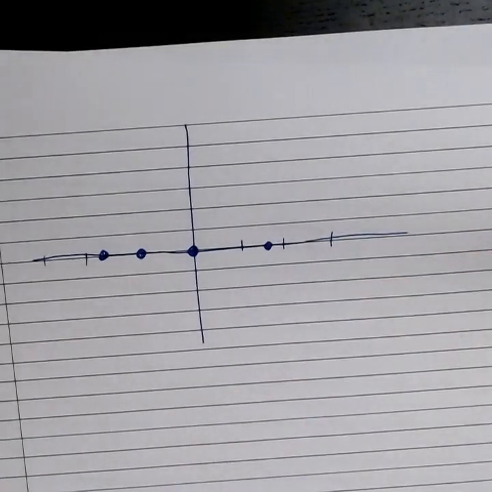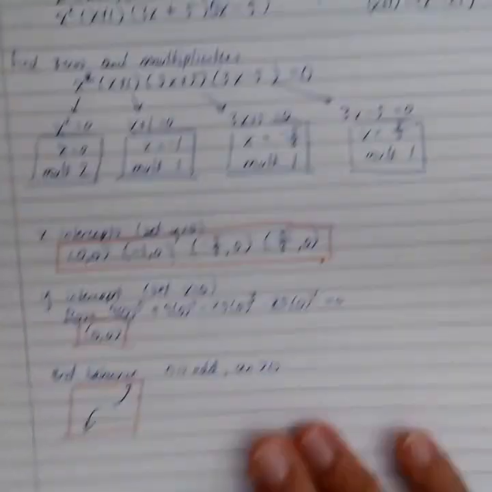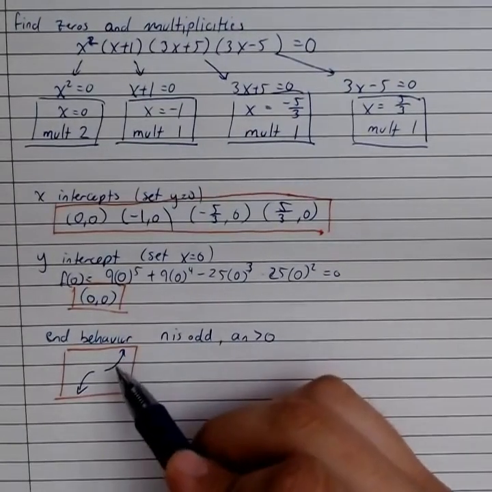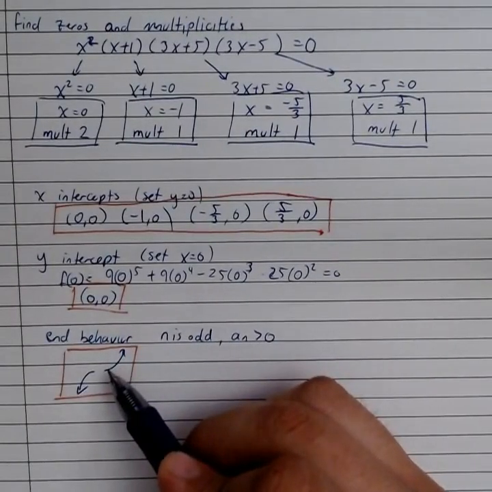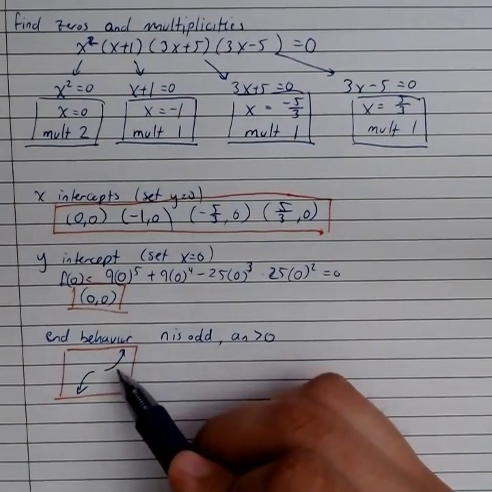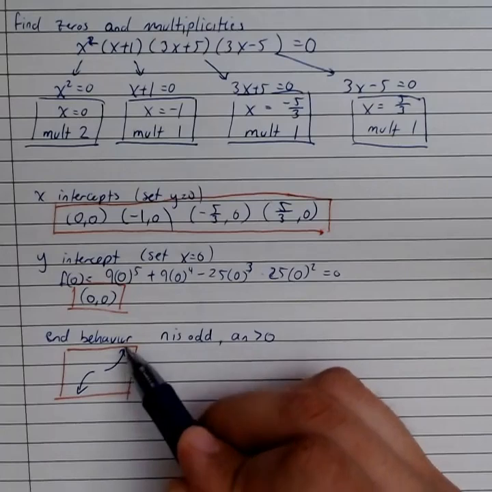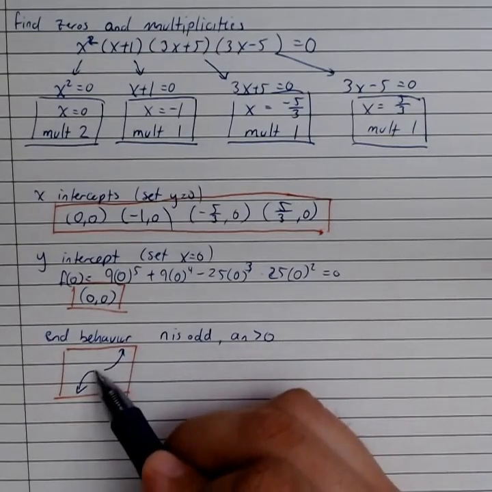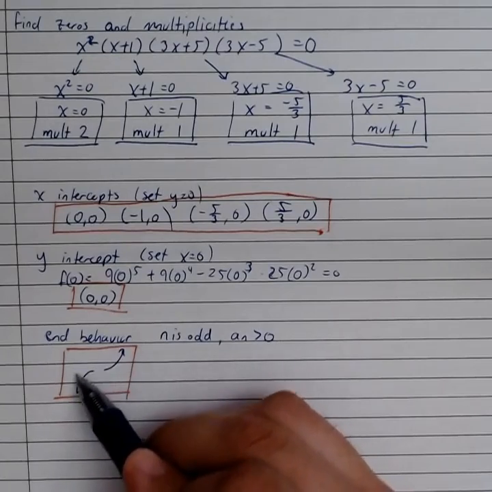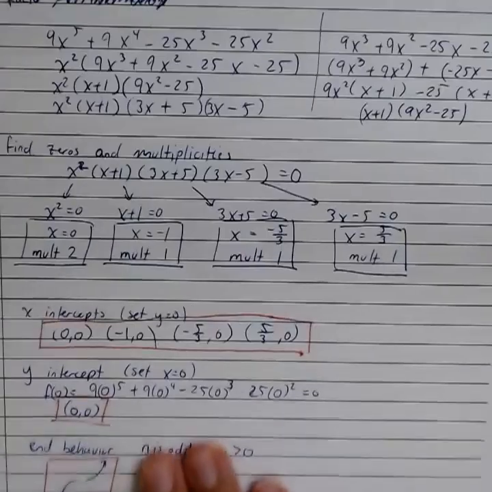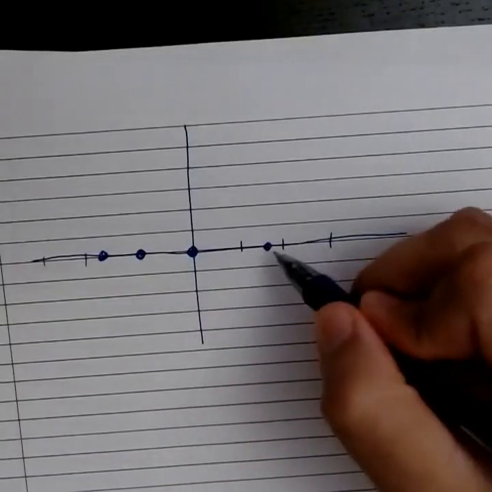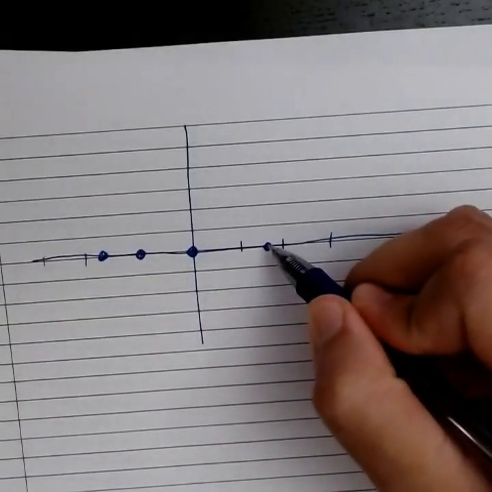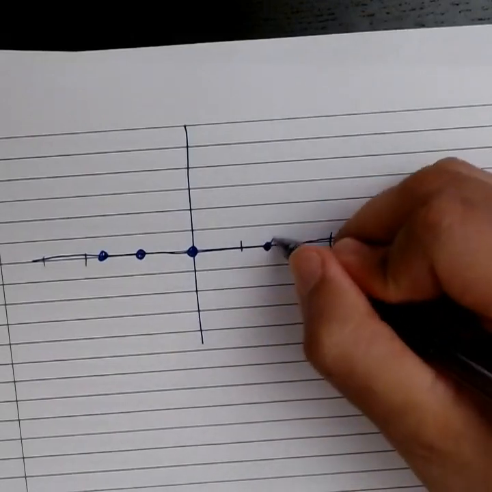And we have our end behavior. Here's how you use end behavior. End behavior tells you what happens once you get past the last intercept. Meaning, once I get to the right of the rightmost intercept, the graph's going to look like this. Once I get to the left of the leftmost intercept, my graph's going to look like this.